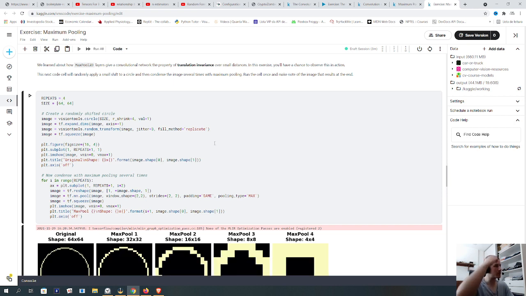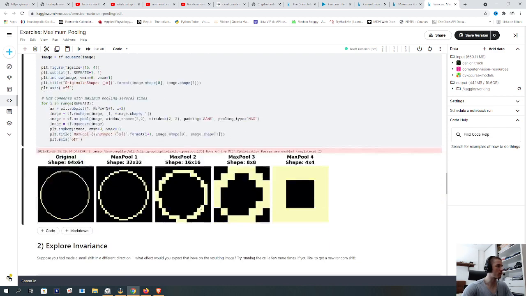Size 64 by 64. So it's condensing a lot of times in this for loop. tf.reshape, tf.pool, squeeze.